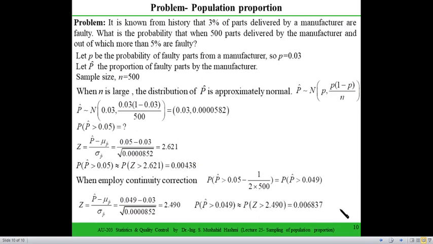So there is a slight difference, but still there is a very small probability that 5% of parts from that manufacturer would be faulty if that manufacturer supplies 500 parts. And keep in mind this probability is going to change if the sample size changes.